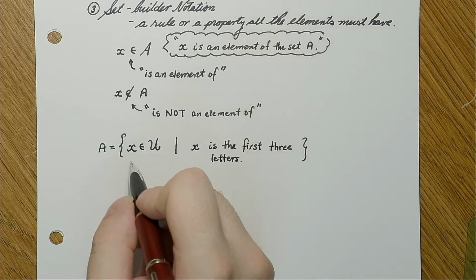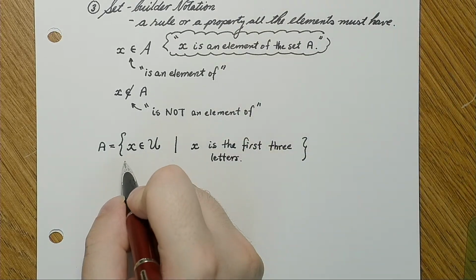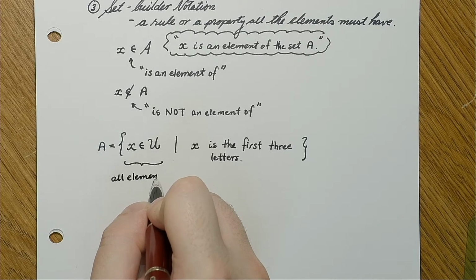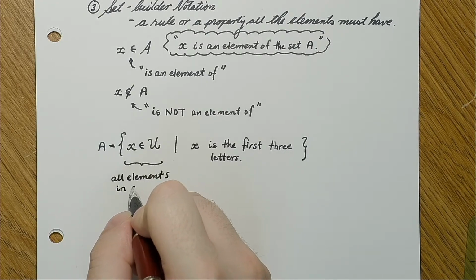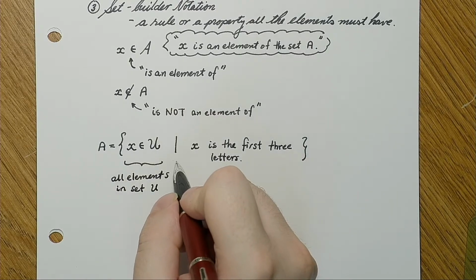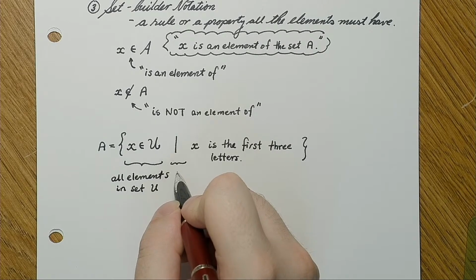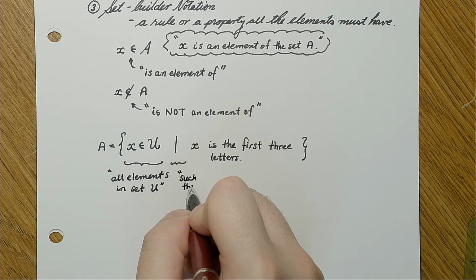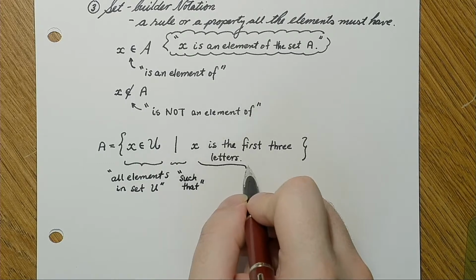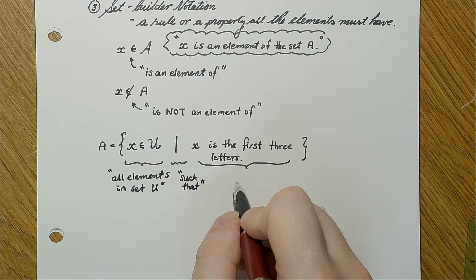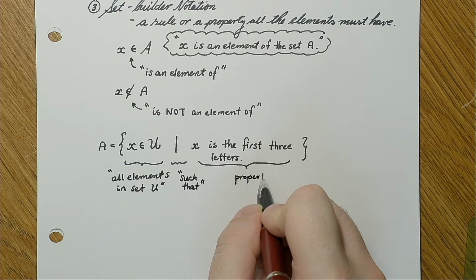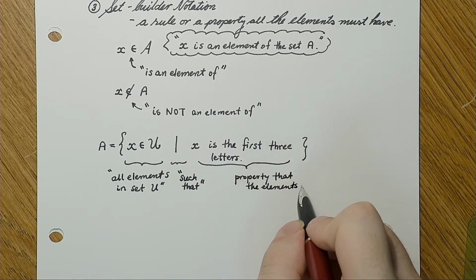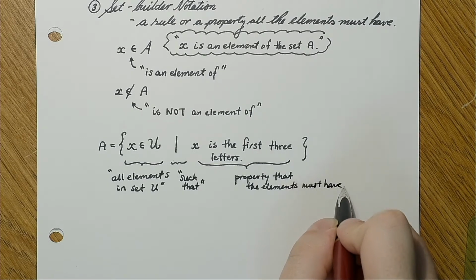We're just saying that here it's all elements in set U. This line here means such that, and then here is that property. Okay.